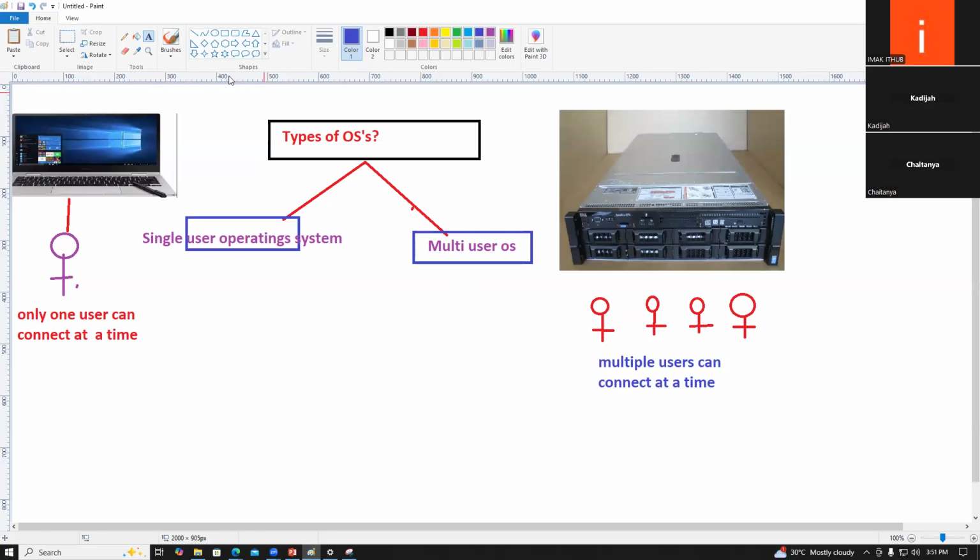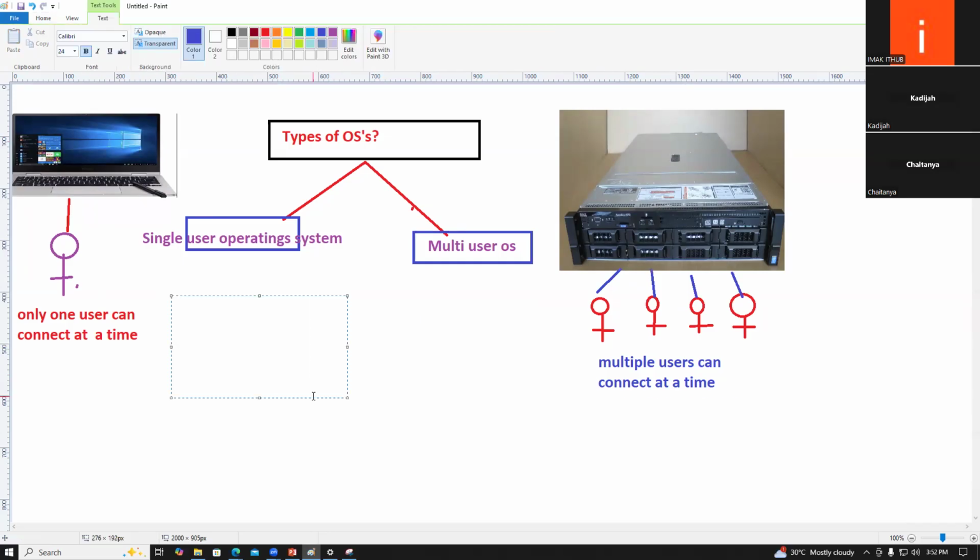So hardware companies designed two types of hardware. One is for single user operating system and the other one is for multi-user operating system. So what are examples of single user operating systems? Which OS is installed on your laptop? Windows.